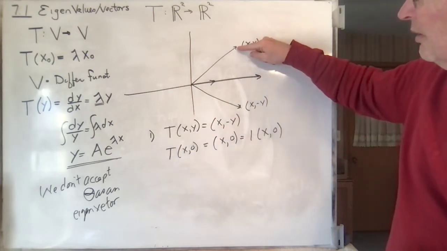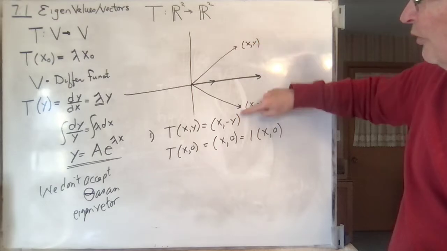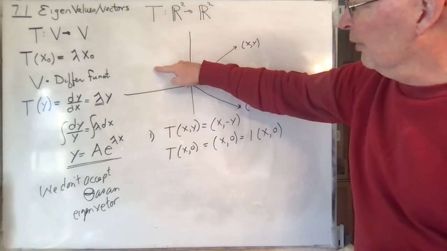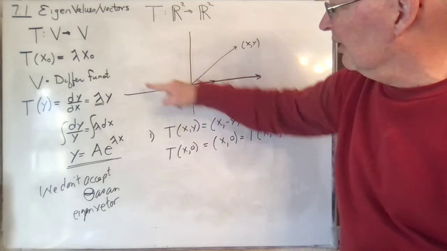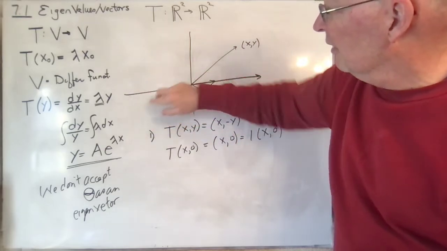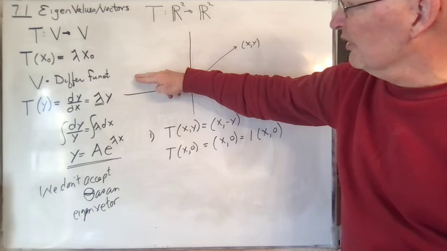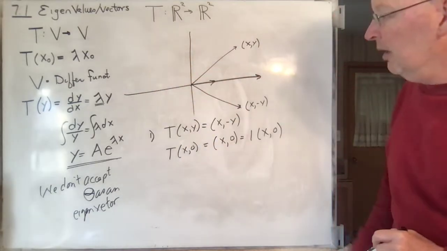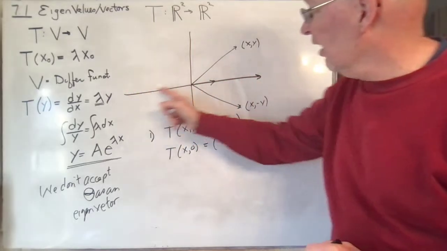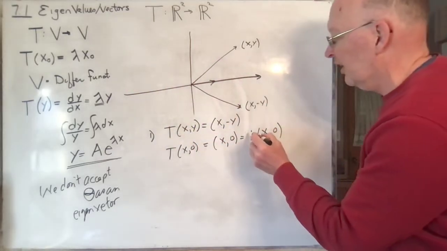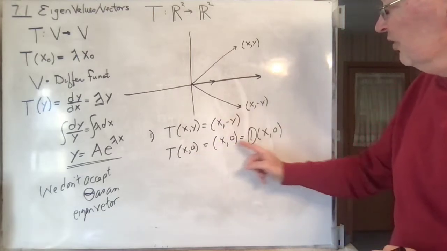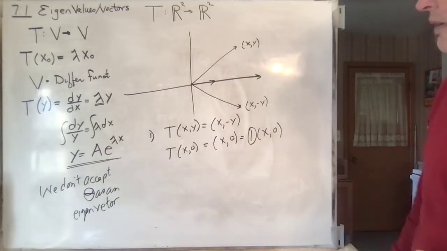It takes your y value and turns it into the negative of it. And so if you were here, it would put it up there. Whatever the y value is, it takes it to its opposite one. So this vector becomes this vector, okay? So everything along this line is going to be an eigenvector with an eigenvalue of 1, because this thing is just equal to 1 times itself, okay?